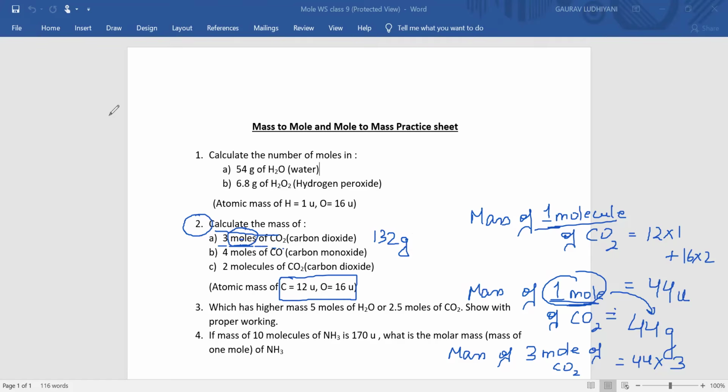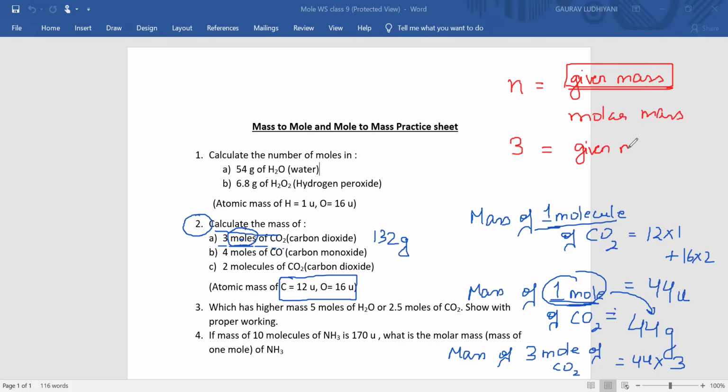And if somebody is interested in applying the formula, so over here also I'll help you looking at the formula. Number of moles is given mass upon molar mass. The number of moles was given to you in the question, 3. Given mass you were supposed to calculate because you didn't know the mass.